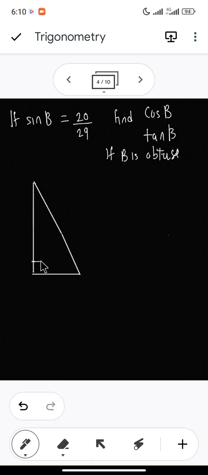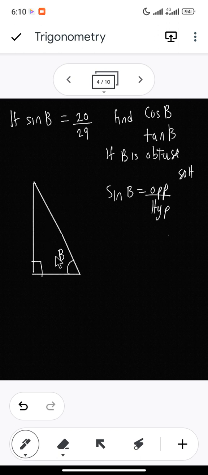So this is a right angle triangle. We have our reference angle B. Now in the ideal sense, I'm going to show you how to actually draw the diagram, but let's just use this for the sake of convention. Now remember sine B will be opposite over hypotenuse, right? According to SOH CAH TOA.